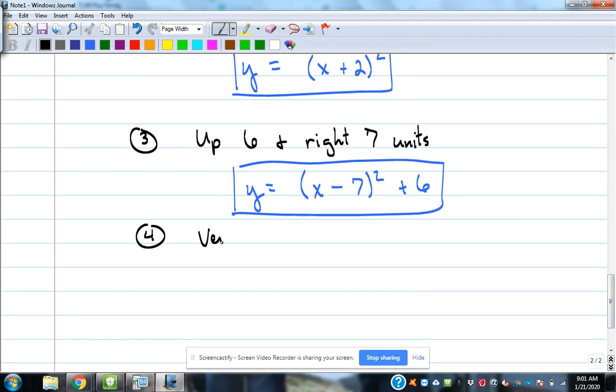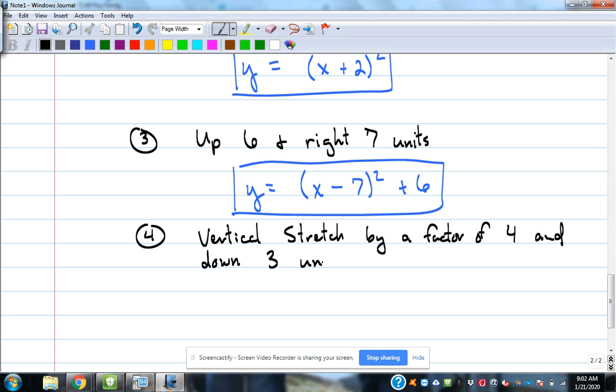Let's do a vertical stretch by a factor of 4 and down 3 units.